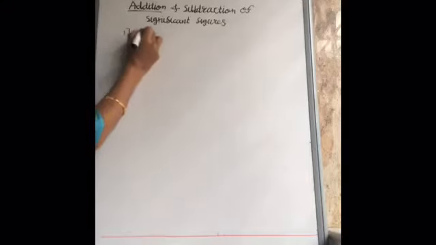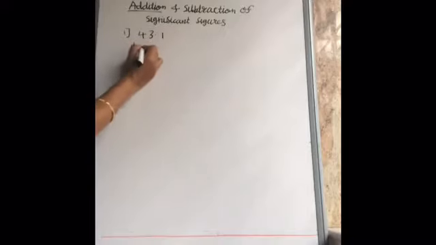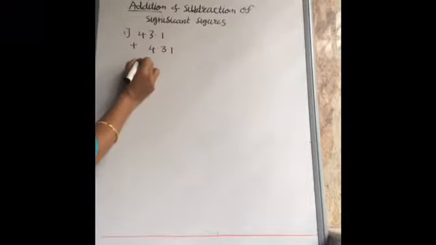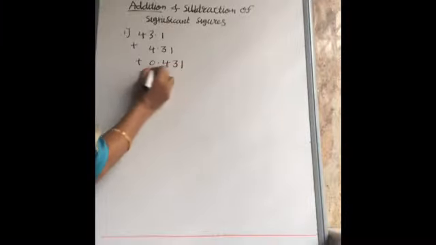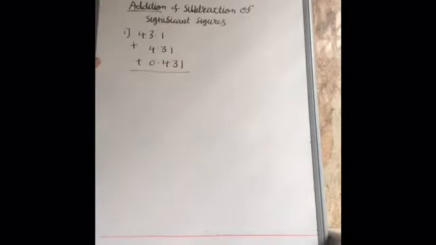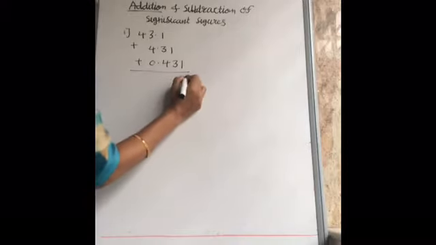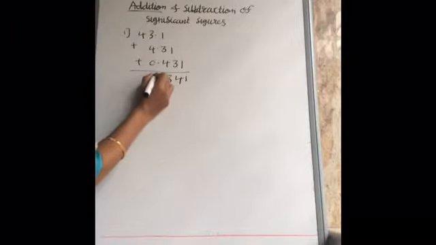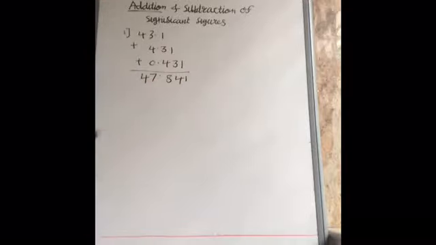First, 43.1 plus 4.31 plus 0.431. Here the addition is 47.841.